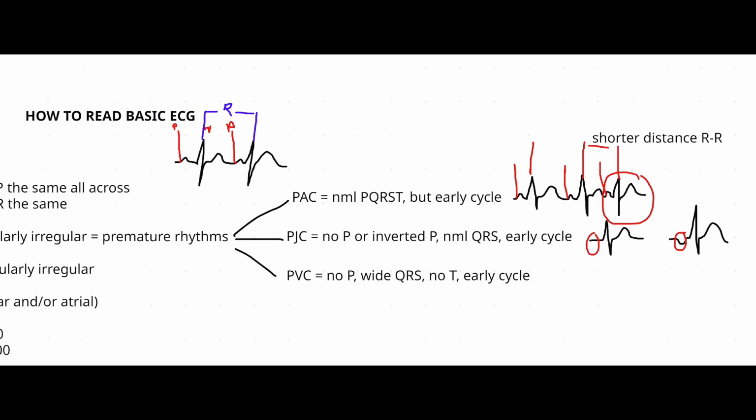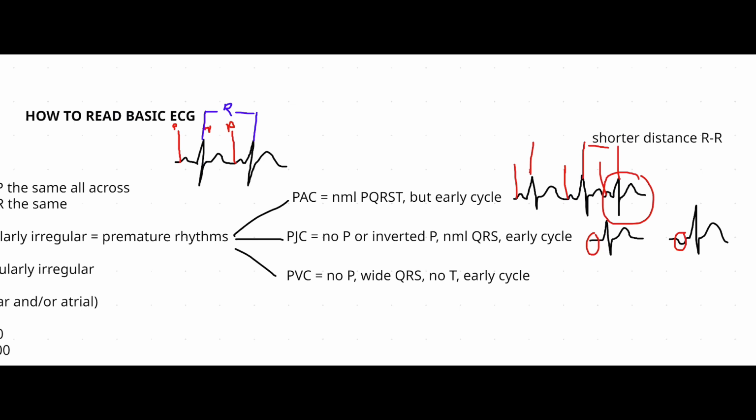Because here they're supposed to come at the same time, right? So this came a little bit sooner than it should have. So for example, let's say you were counting the squares, and let's say here there were 15 small squares. And then the next one is 15 small squares between the R to R. And then the next one is 10 small squares between the R to R. So that means that the QRS complex came earlier. But if it has a normal P, normal QRST, then that's just a PAC.